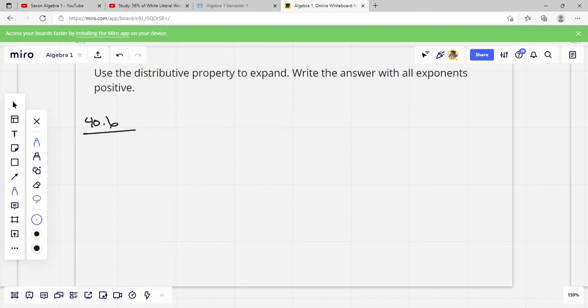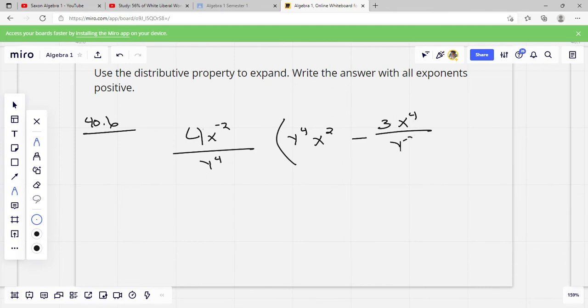Okay, so we've got 4x to the negative 2 over y to the 4th times y to the 4th x squared minus 3x to the 4th over y negative squared.